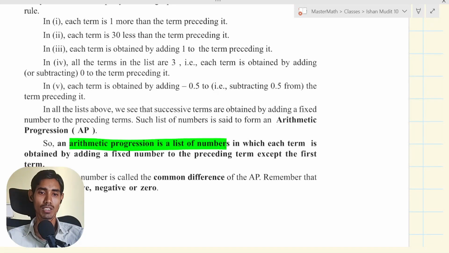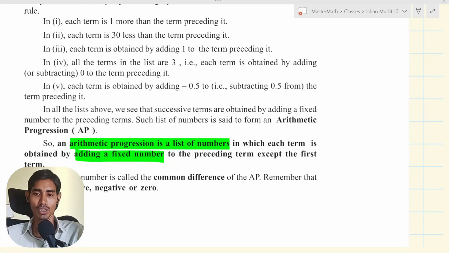Arithmetic progression is a list of numbers in which each term is obtained by adding a fixed number to the preceding term, except the first term. So the first term we started with 8,000 or 45, that is okay. But the consecutive terms are obtained by adding a fixed number. That was the difference. So that is arithmetic progression. Easy definition, pretty straightforward, nothing complicated.